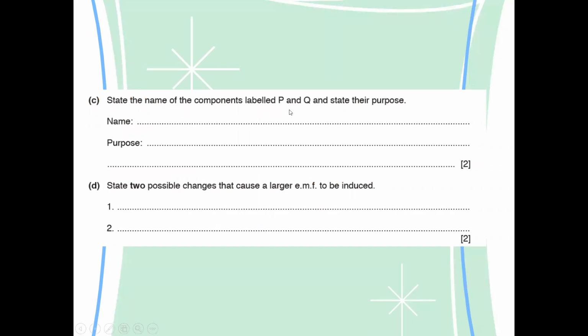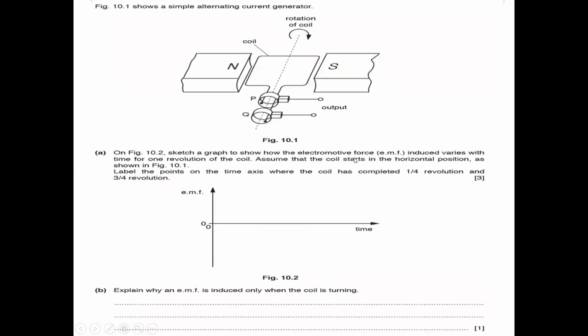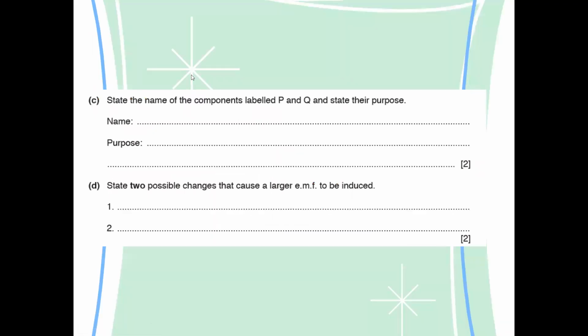State the name of a component, label P and Q, and state their purpose. What are P and Q? P and Q are known as the slip rings. And what is the purpose of the slip ring?